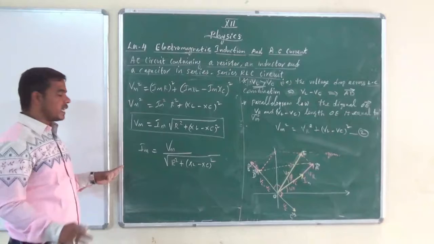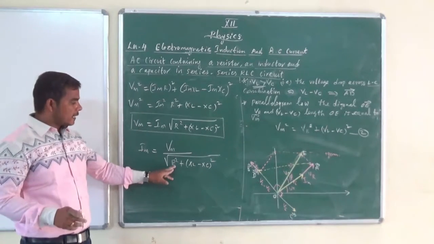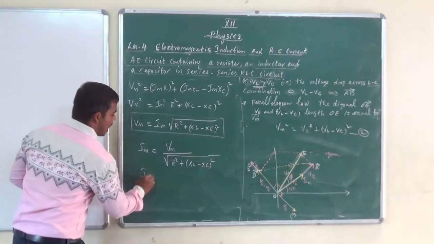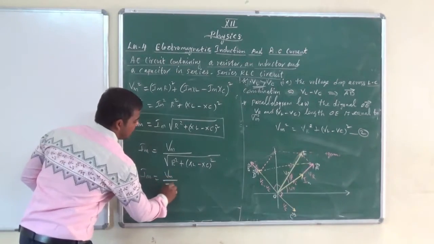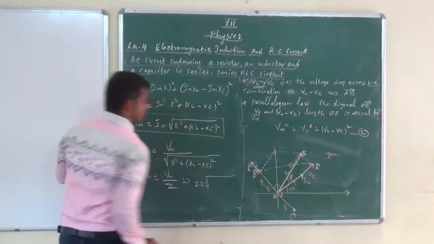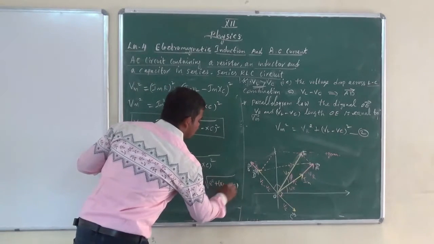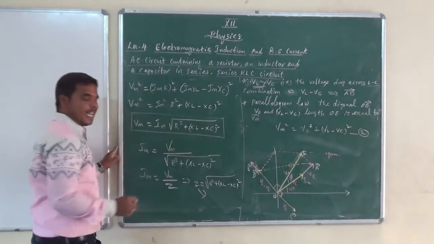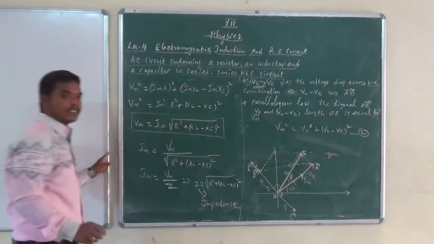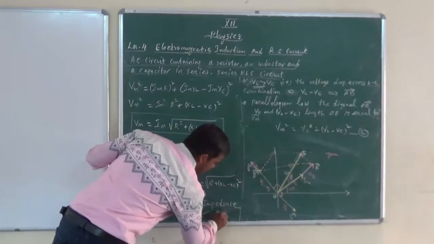I keep IM on one side and the rest of the terms go to the other side as the denominator. Next, IM equals VM by Z. What is Z here? Z is the square root of R square plus (XL minus XC) the whole square. What is Z called? Impedance. The impedance is offered by the circuit, and it is nothing but the resistance.